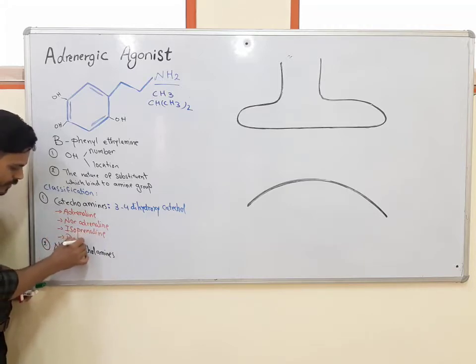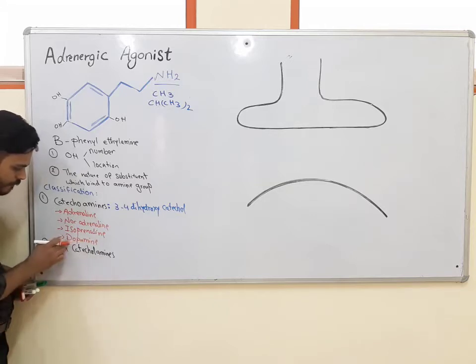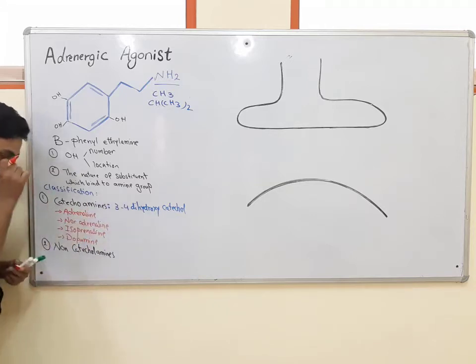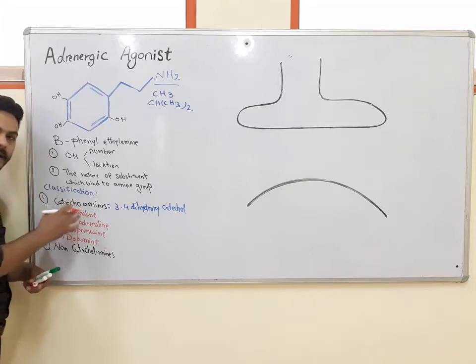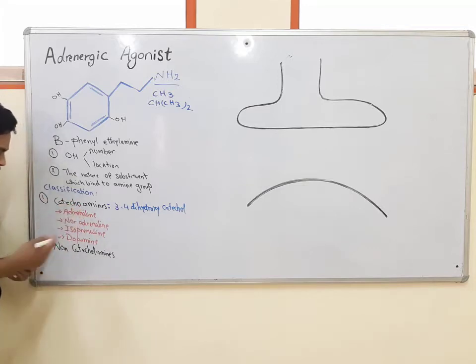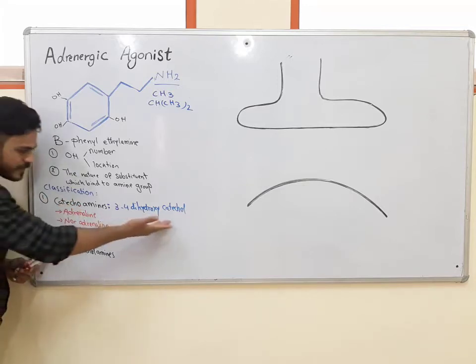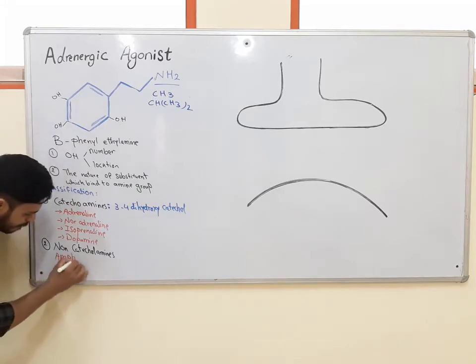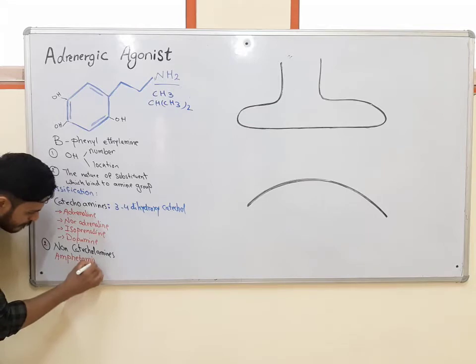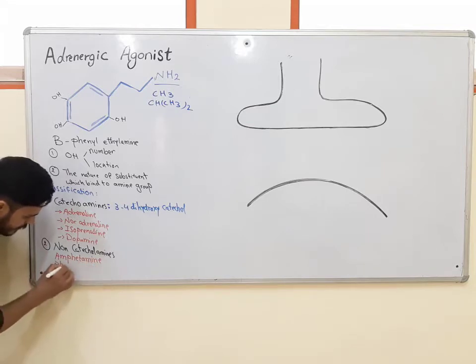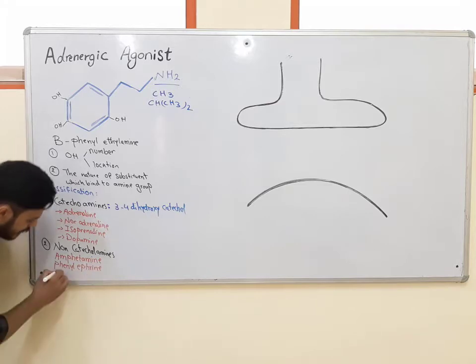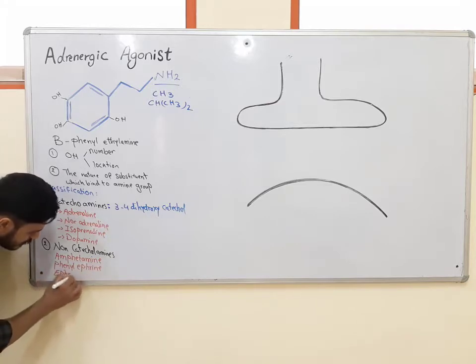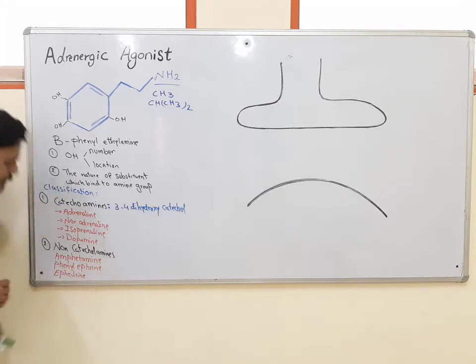These drugs have the 3,4-dihydroxycatechol in their chemical structure, and they are catecholamines. But non-catecholamines do not have this structure. For example, amphetamine, phenylephrine, and ephedrine. These are non-catecholamines.